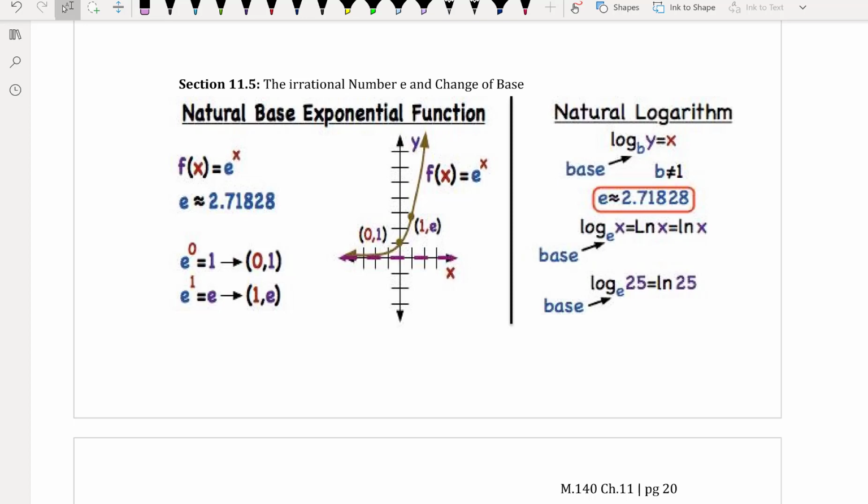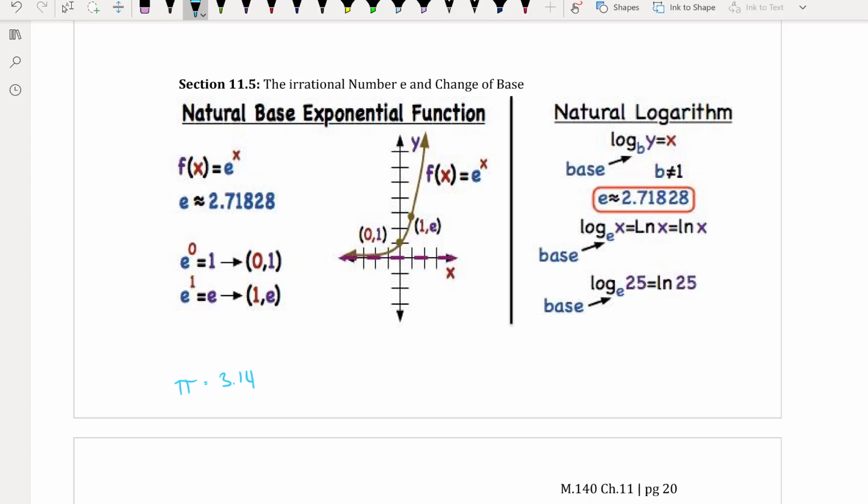So we have our logs, and we also now have a new introduction to e. So e is very similar to pi. Hopefully you remember pi. Most of you remember pi as 3.14. But really, there's more to pi than just 3.14.